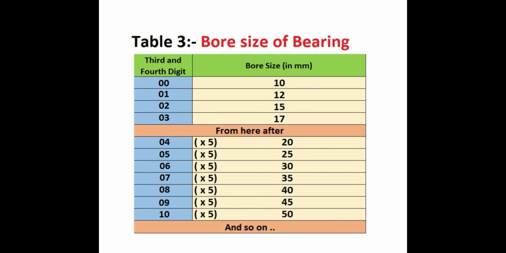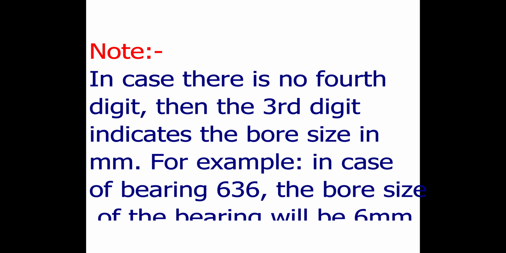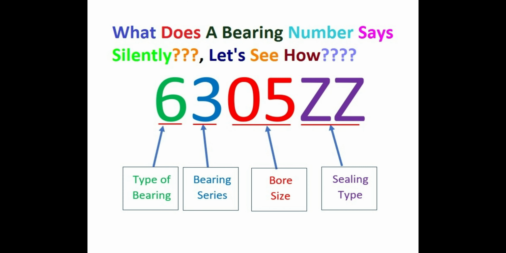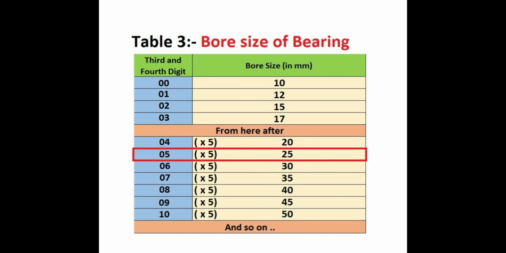If 08, 40 mm. 09, 45 mm. If 10, 50 mm. Note: in case there is no fourth digit, then the third digit indicates the bore size in mm. For example, in case of bearing 636, the bore size of the bearing will be 6 mm. Thus, we can identify now that in case of bearing 6305GG, the third and fourth digits 05 mean the bearing's bore size is 25 mm.